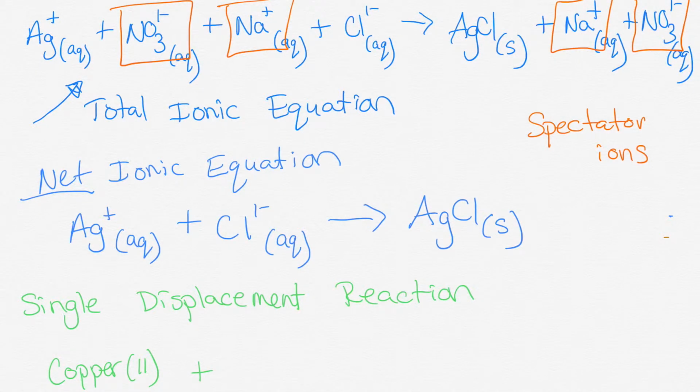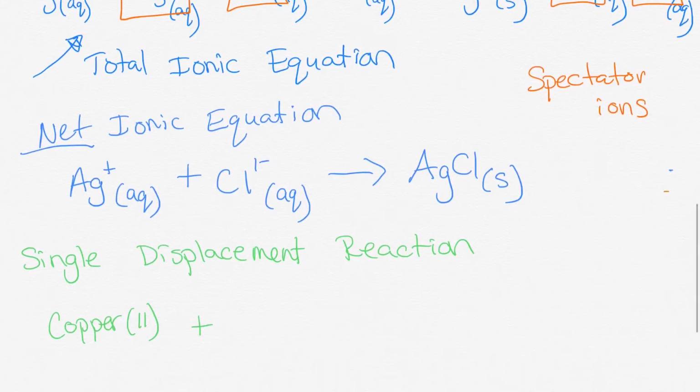Let's change that up and do a different ion. Let's say we do copper sulfate. And then we're going to add zinc to create our single displacement reaction.